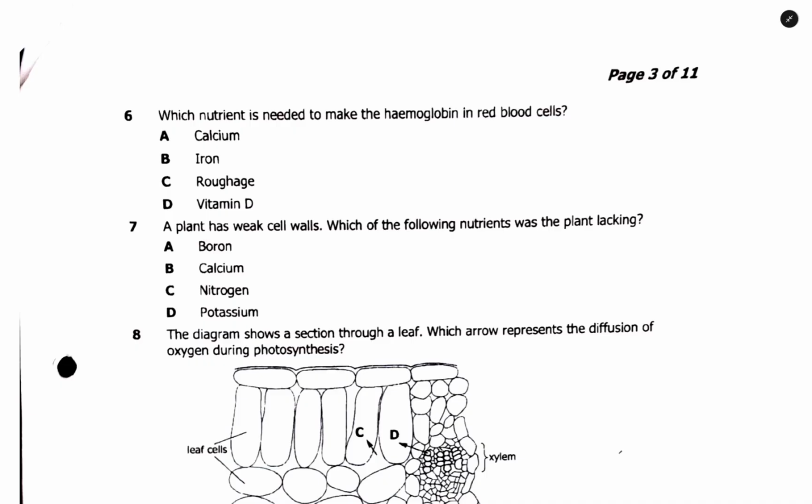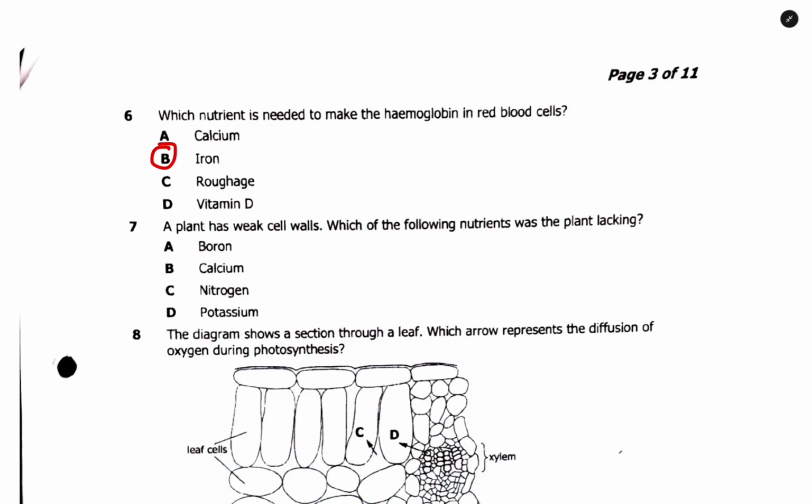Roughage, you know, is to prevent constipation. But the one that makes hemoglobin in red blood cells is iron. So iron is the nutrient that makes the hemoglobin in red blood cells. So the answer is B.